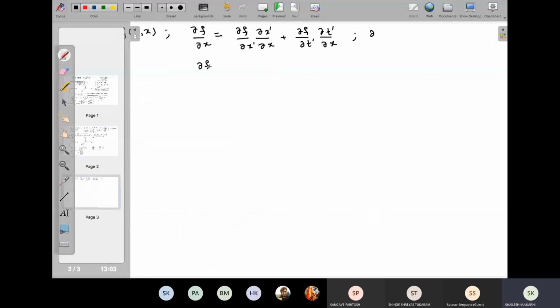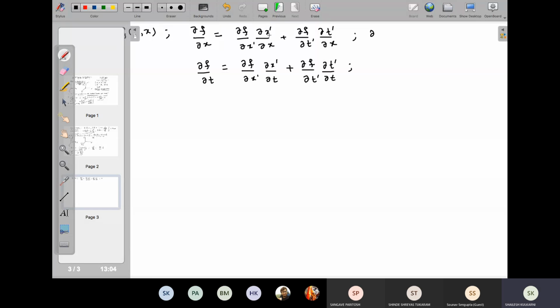Del f by del t equal to del f by del x prime times del x prime by del t. Remember, there is a t and there is a t prime. You should keep track of primes and unprimes always. Plus del f by del t prime times del t prime by del t. So these are simple chain rules.